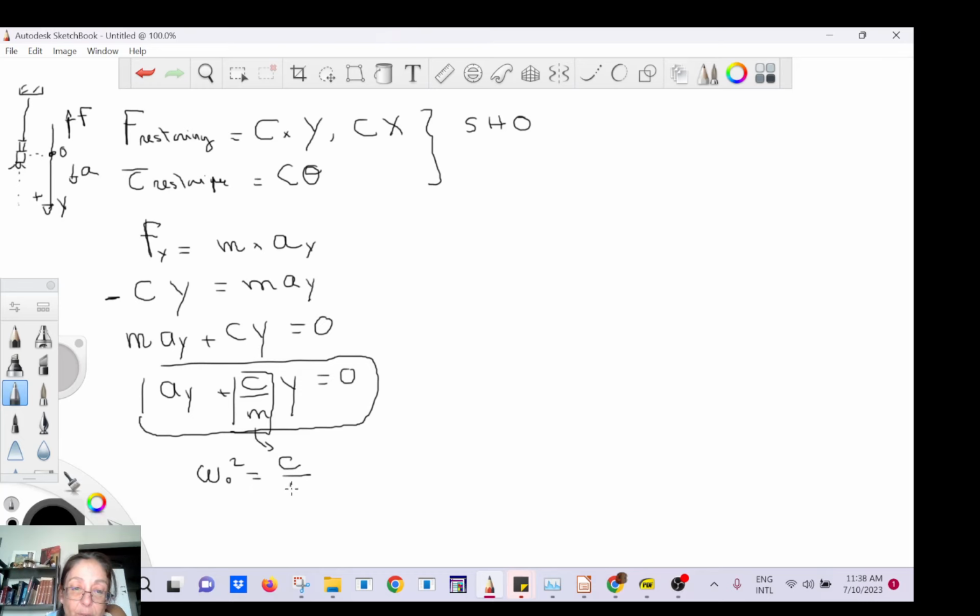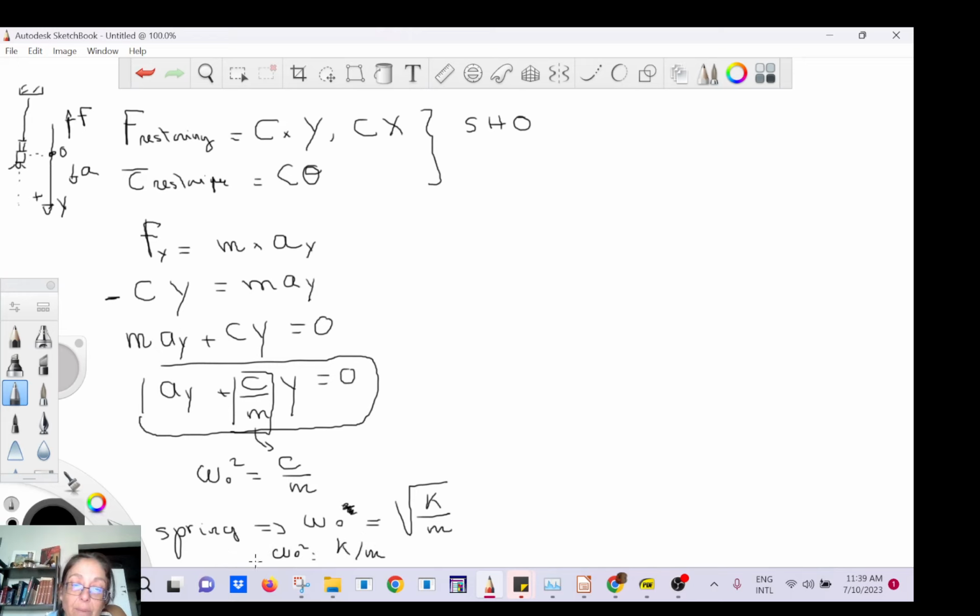So that's going to be C over M. Example, if you have a spring, then you get that omega 0 equals the square root of K over the mass, and of course if you square, you get omega 0 squared equals K over M.